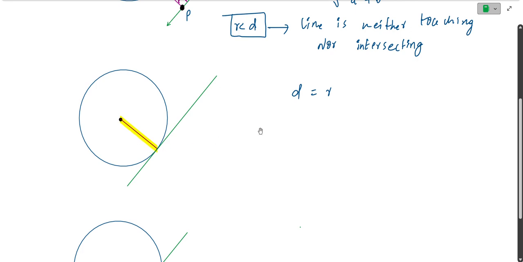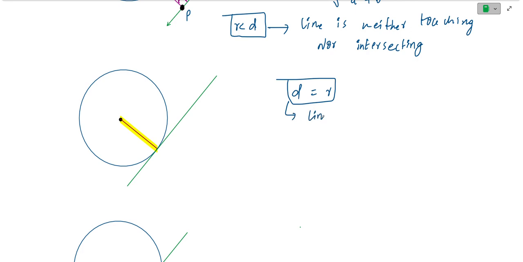So the D value and the R value, the radius of the circle, are the same. In this condition, we can say that the line is touching the circle.